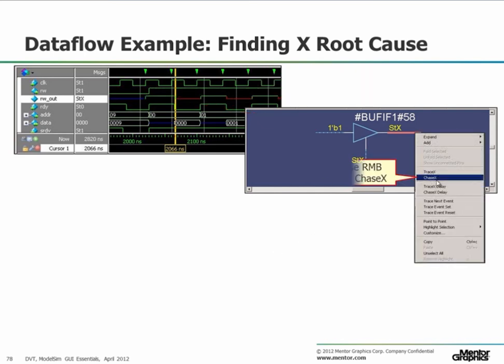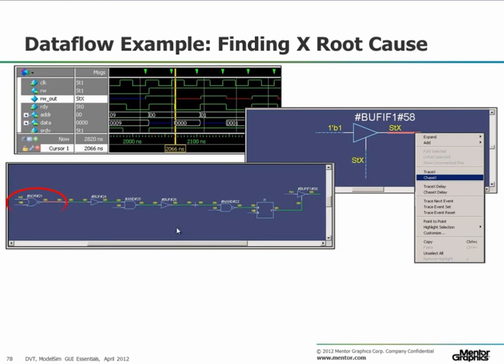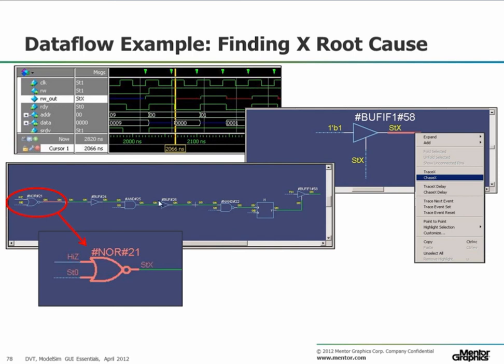But if I use this chase X function, it will try to chase that X back as far as it has to until it finally comes across a place where there's a gate that has an X output, but it didn't have an X at the input. It had a 0 and a high Z, which is kind of interesting.